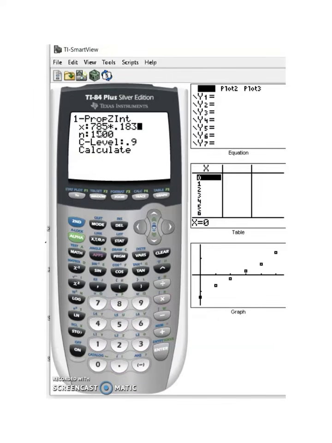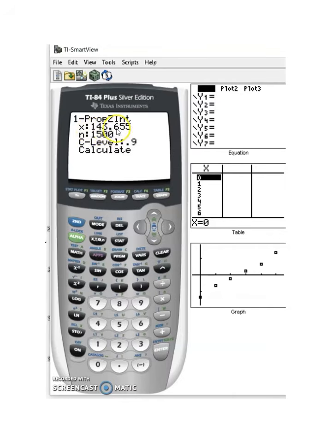You can go ahead and type directly into x right here, 785 times 0.183. And then when you press enter, see, they calculated it for you. Now x is the number of people, number of subjects, so that cannot be a decimal. You're going to have to round to a whole number.